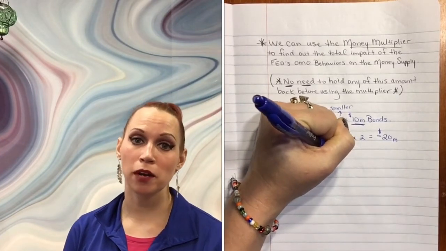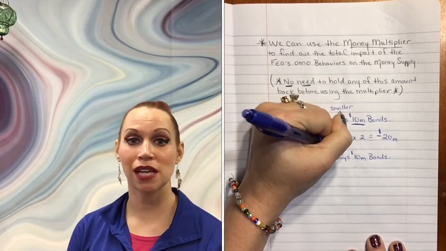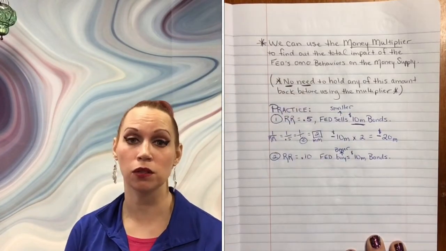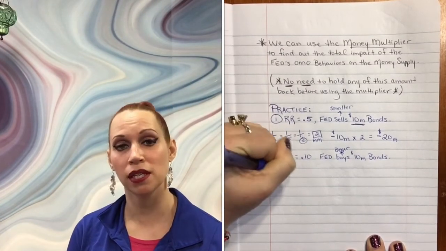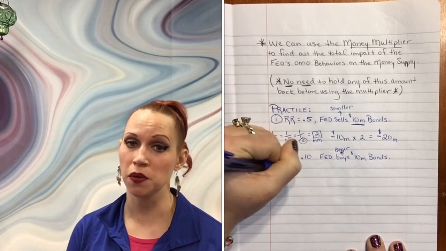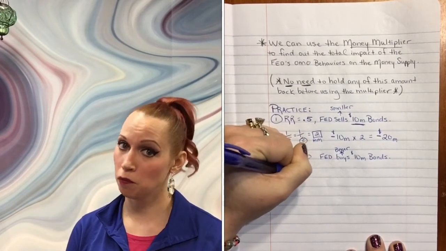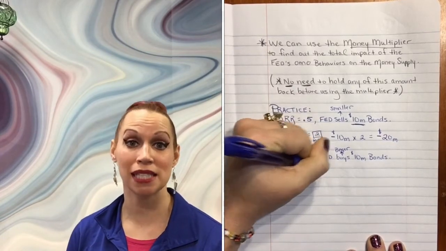Suppose the reserve requirement is only 10%, like it normally is, and the Federal Reserve decides to buy $10 million worth of bonds. Now, since our reserve requirement is 10%, to find our money multiplier, we're going to do 1 over the reserve ratio. That's going to be 1 over 0.1 or 1 over 1/10. So our money multiplier is going to be 10.